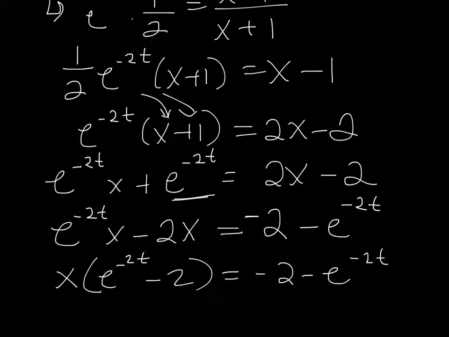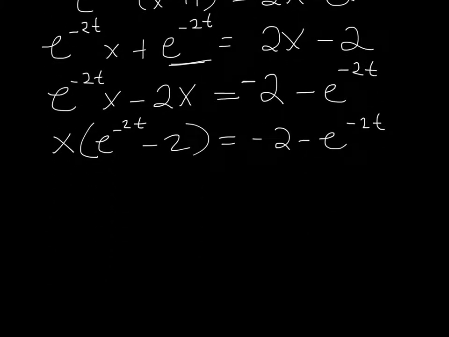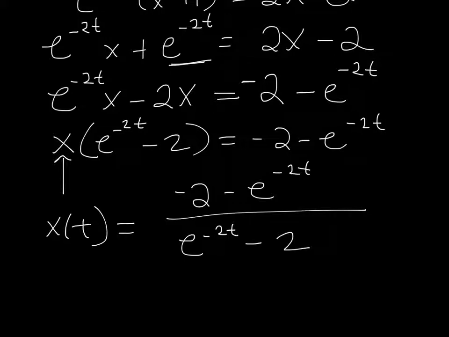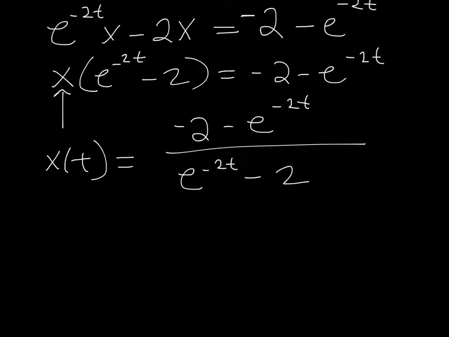And I'm left with this expression. And we're almost done. Remember, this is really our x of t. So we know that's just negative 2 minus e to the negative 2t divided by e to the negative 2t minus 2. And that's your solution to the differential equation.